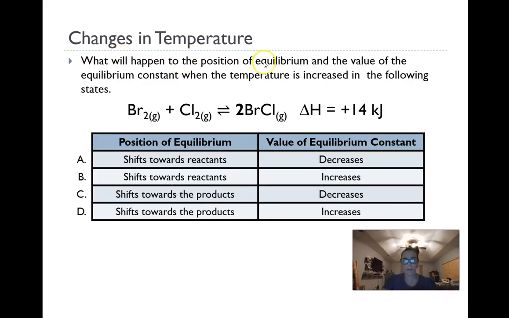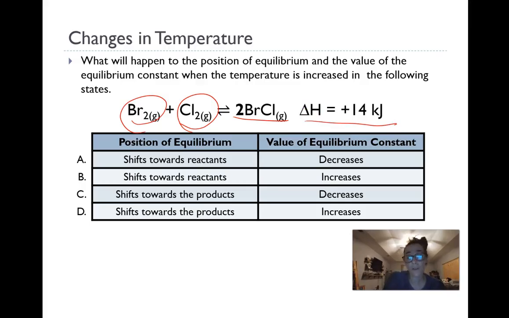So let's look at what will happen to the position of equilibrium and the value of the equilibrium constant when the temperature is increased in the following. Okay, so let's look at bromine gas plus chlorine gas makes 2 bromine chloride gas. The delta H is positive, so it's an endothermic reaction.